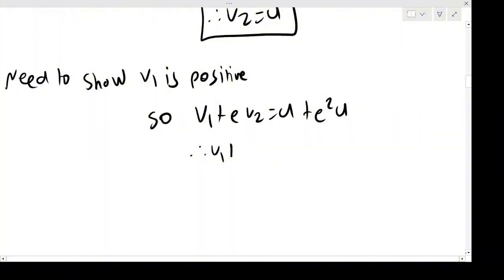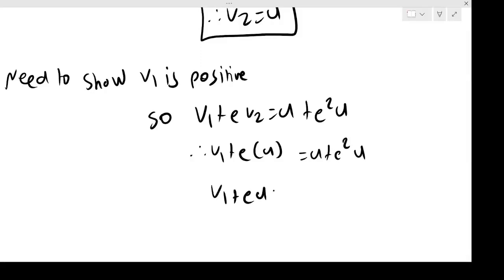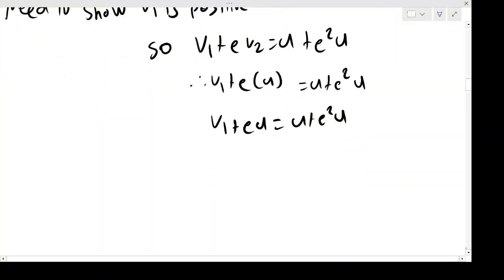So therefore V1 add E lots of U for V2 is going to be U plus E squared U. Therefore V1 add EU is going to equal U plus E squared U. So then I can do V1 is going to be minus EU add U plus E squared U.